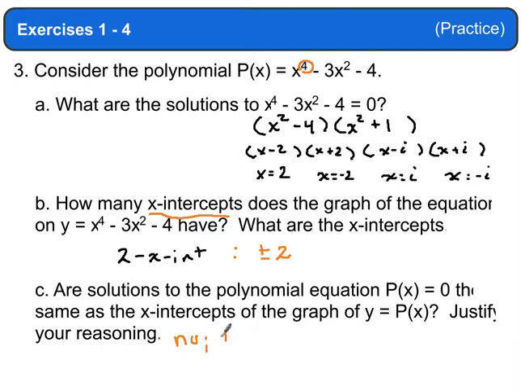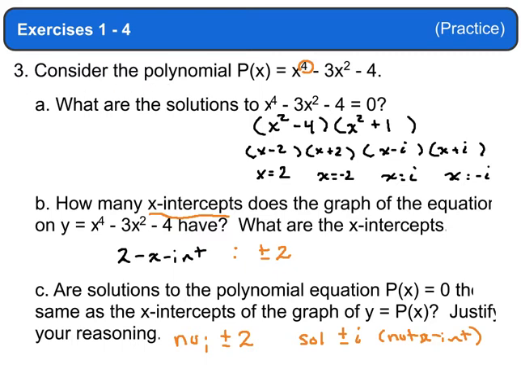It's going to have x-intercepts at +2 and -2, but there are also 2 other solutions, plus or minus i, which are not x-intercepts. And so while we may have 4 solutions, we only have 2 x-intercepts, and that creates that little bit of a difference.